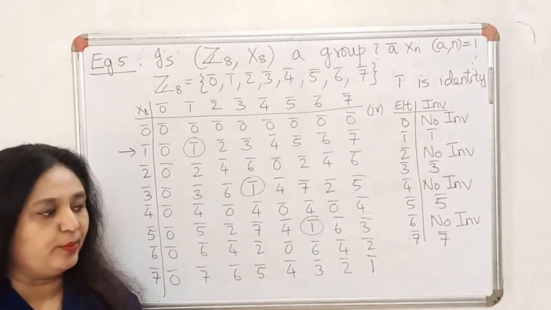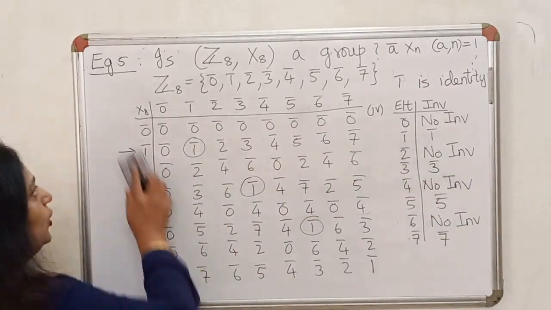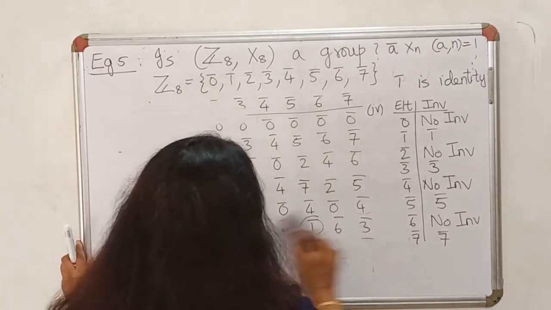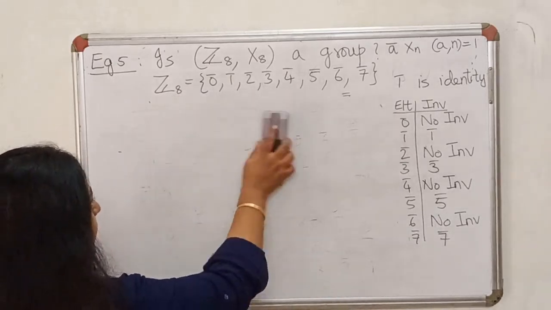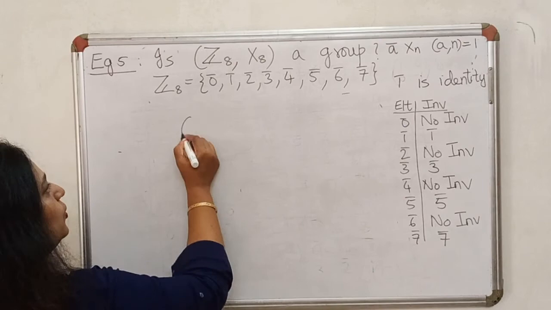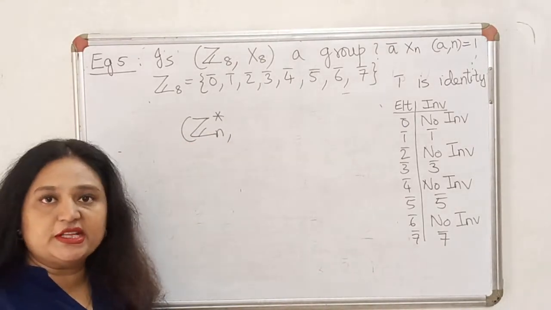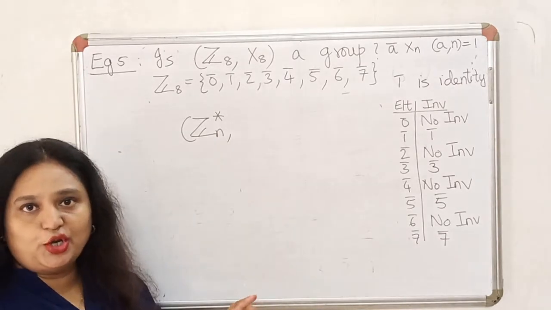So with respect to multiplication, Zn does have a problem. It does not become a group. However, if I take only Zn star, and remember what Zn star was? Zn star was the set of prime residue classes of integers modulo n.